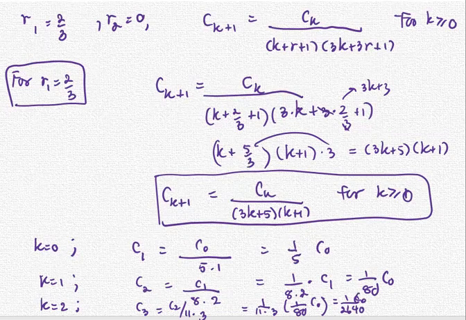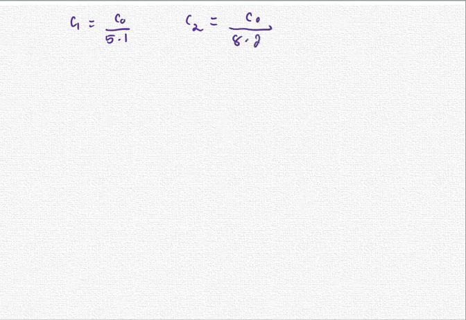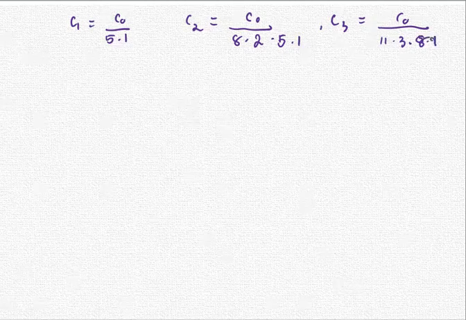Now we're going to put them together as a power series. So we get c1 as c0 over 5 times 1, c2 as c0 divided by 8 times 2 times 5 times 1, and c3 as c0 divided by 11 times 3 times 5 times 1 times 8 times 2 times 5 times 1.